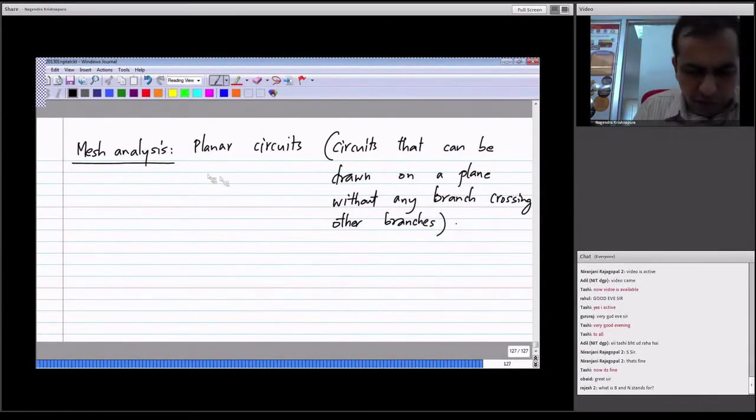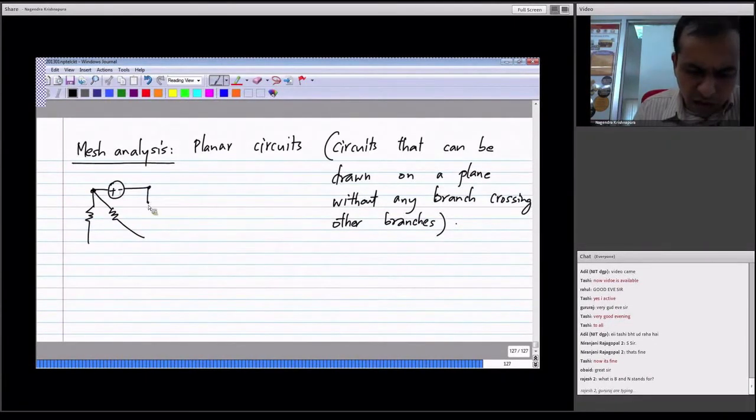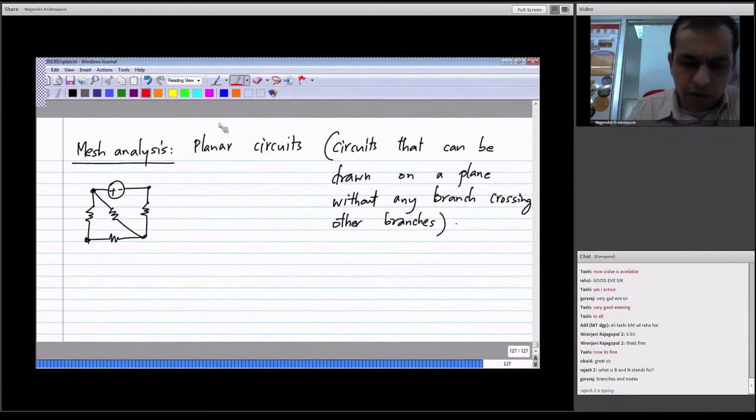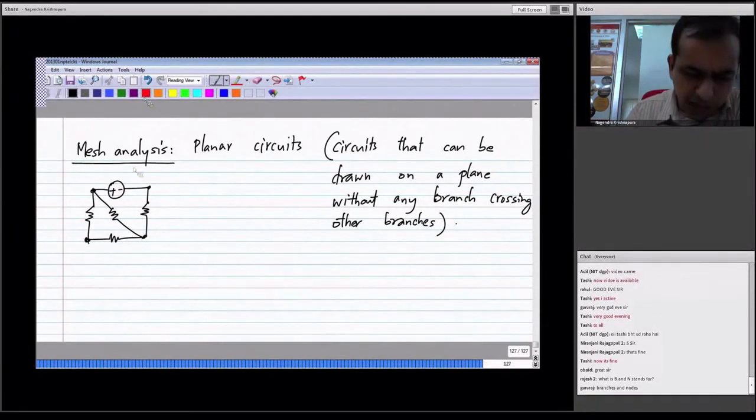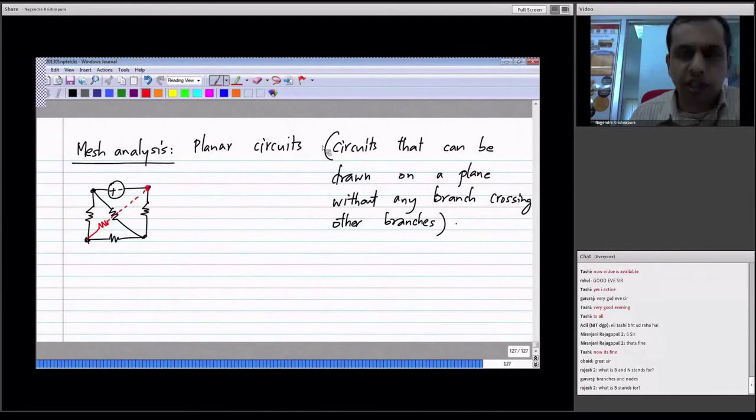If you have a circuit like this, this is a planar circuit. No branch is crossing any other branch. Now, to this, if I add a branch like this, now this branch is crossing that branch.